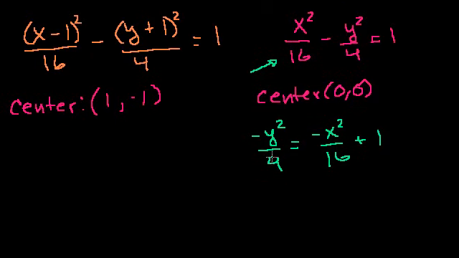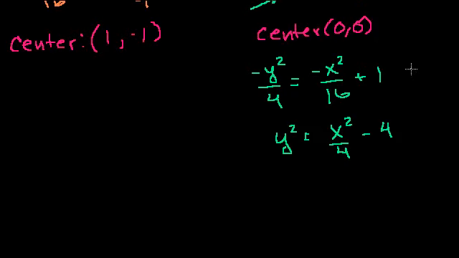Then let's multiply both sides by minus 4, and you get y squared is equal to, the minus cancels out, and 4 over 16 is x squared over 4, minus 4. And so y is equal to plus or minus the square root of x squared over 4 minus 4.